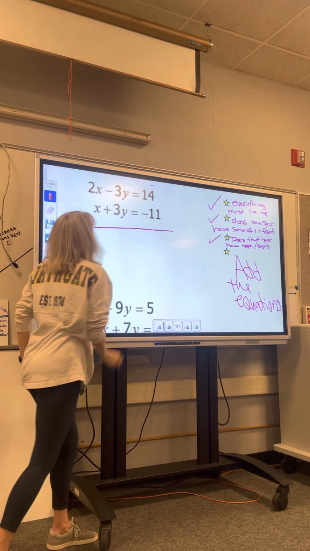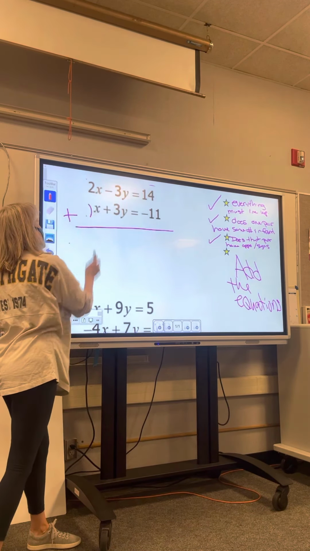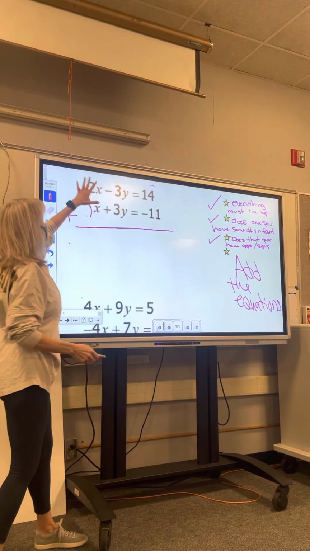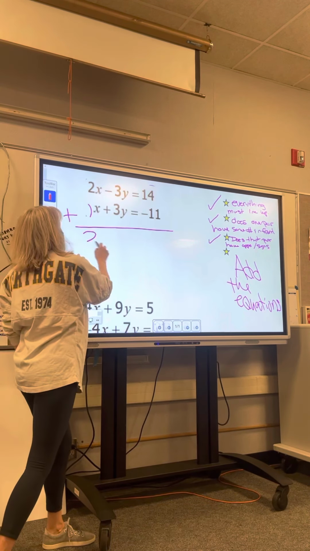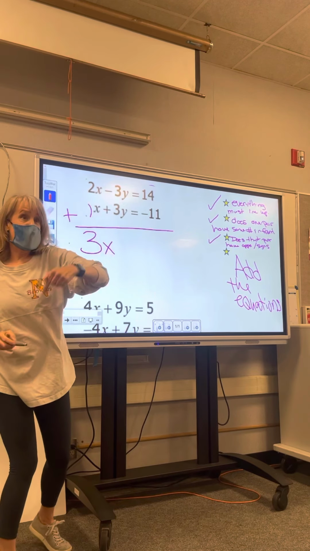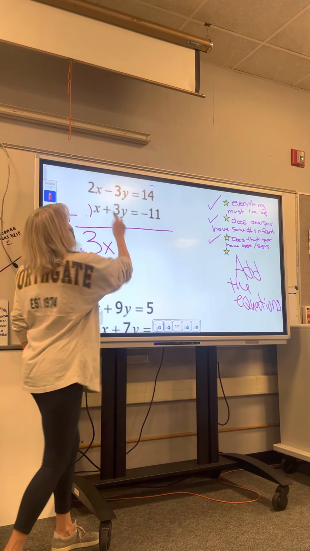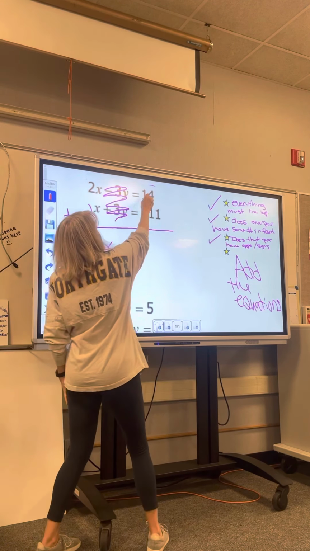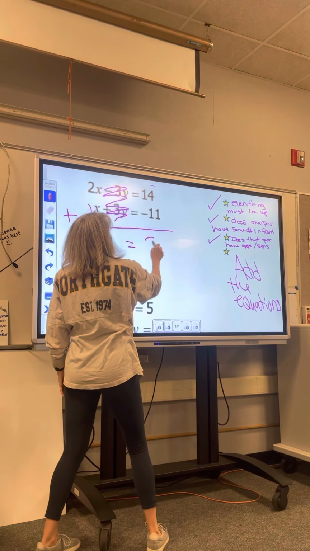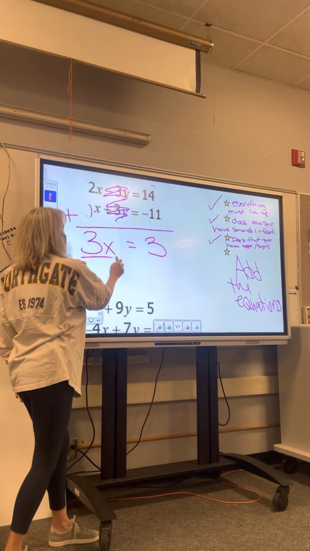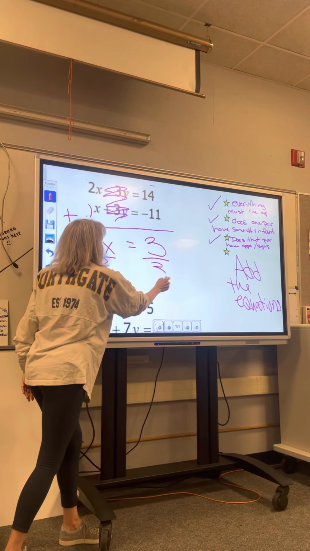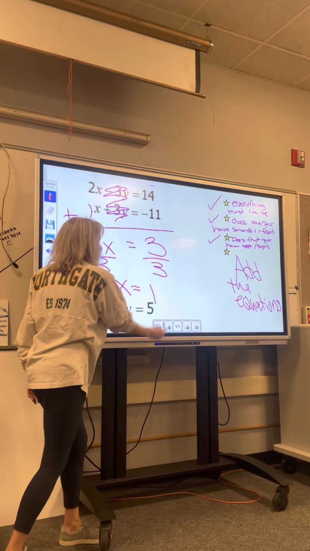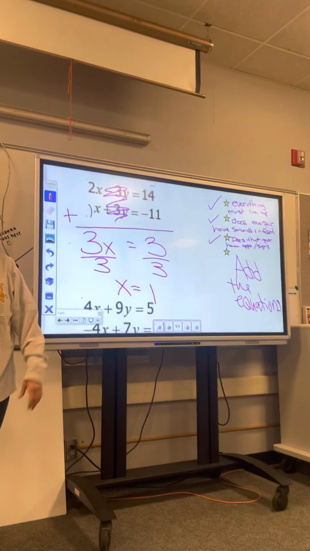I draw a line, I put a plus sign, and I add. 2 plus 1 is 3x. Negative 3x and positive 3x goes away. Get it? Elimination. 14 and negative 11 is 3. Divide by 3. Divide by 3. Done.